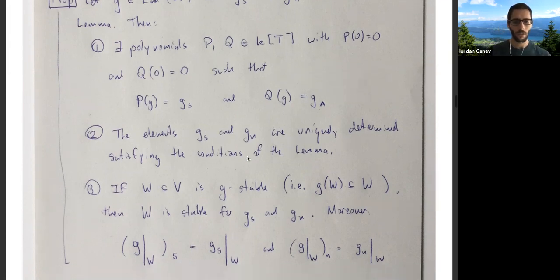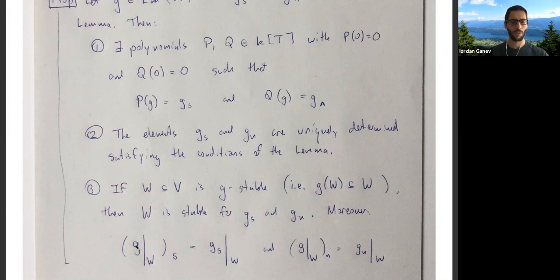And then finally, if we have a subspace W of V that's G stable, in other words, G is an endomorphism of V, and G takes W to itself, then first of all, W is stable for the semi-simple part of G and for the nilpotent part of G. And there's this nice interaction.